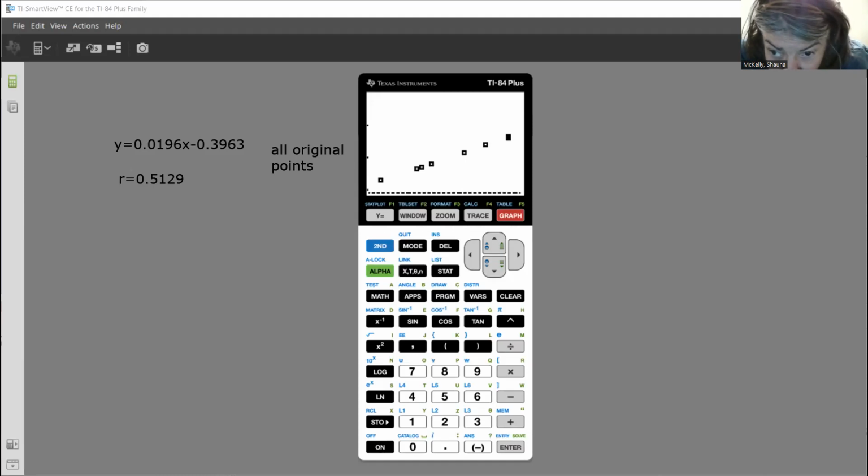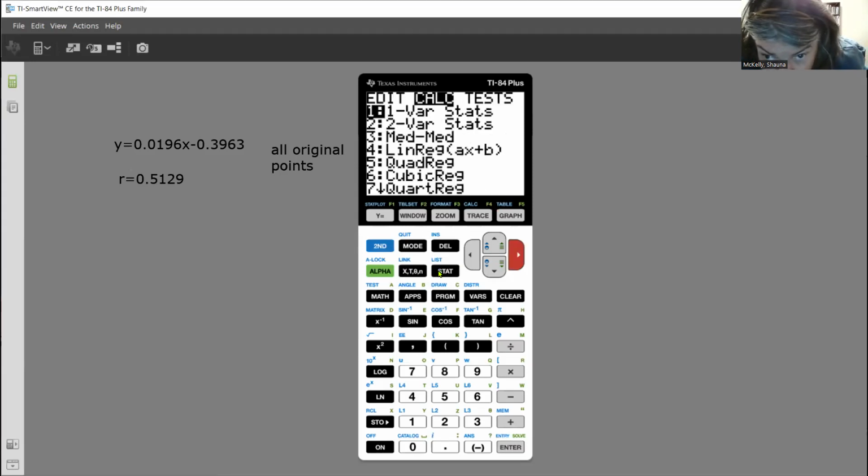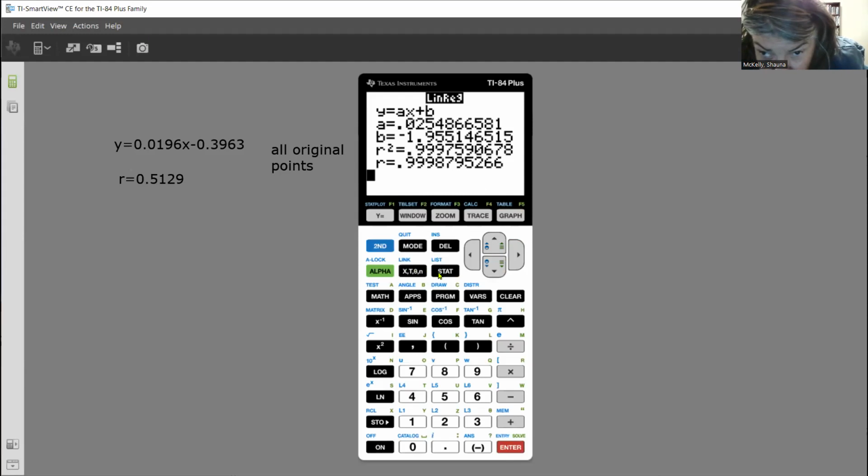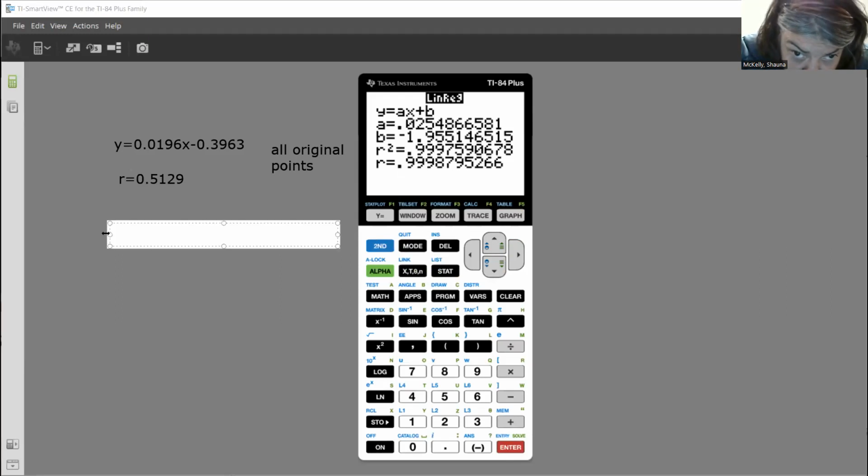Watch what happens here. I'm going to run the stat calc again. Stat calc 4. Run it without that point in there. Look how much higher your R is. So with the outlier removed, here's my R. If I remove it, I'll call this Y1.